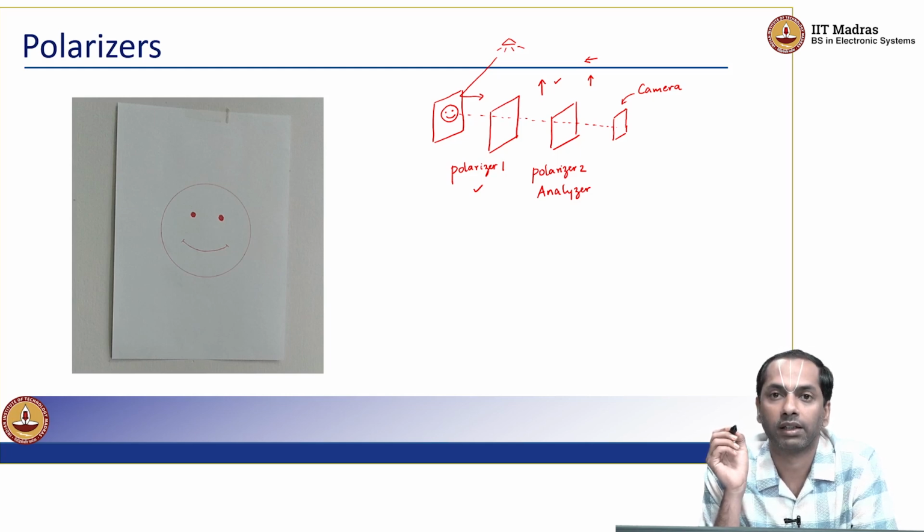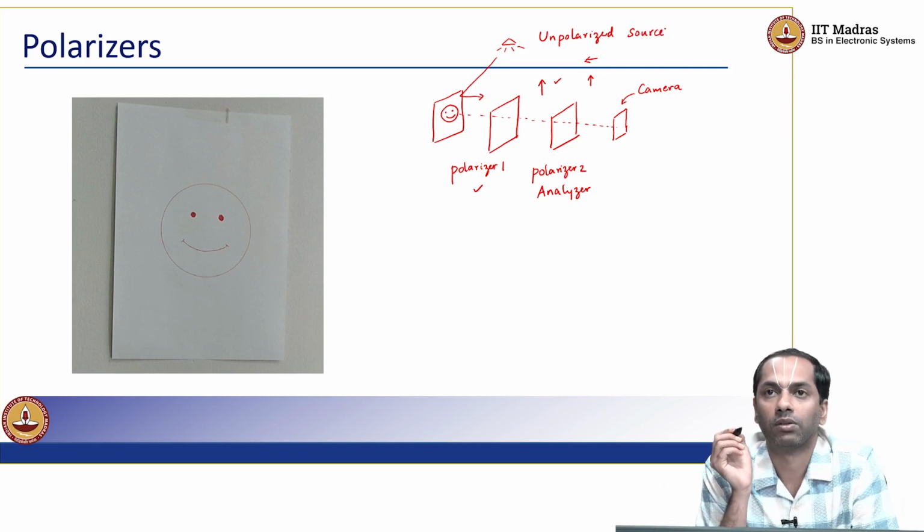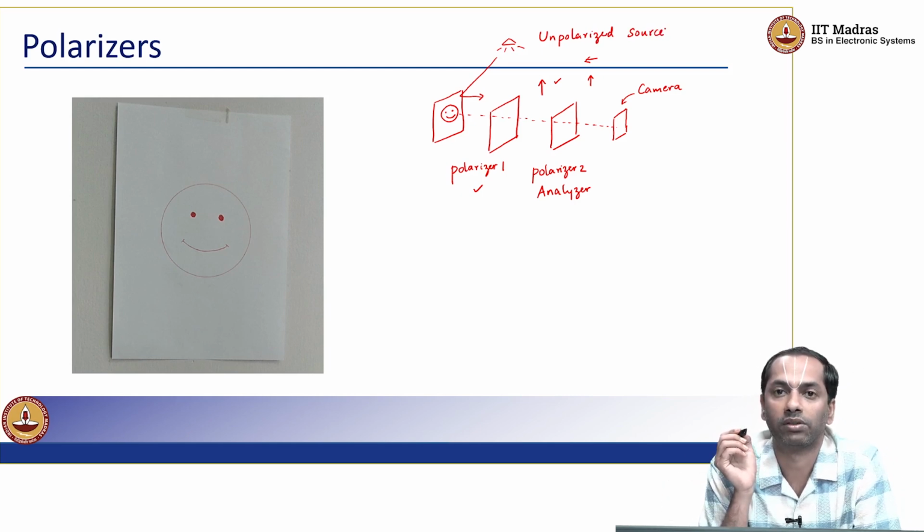And the light that comes from several of the natural sources, whether it is the sun, candle flame, or even your LED lighting at home, we call them unpolarized sources. So, the meaning of unpolarized source is that it is a collection of polarizations in random orientations.